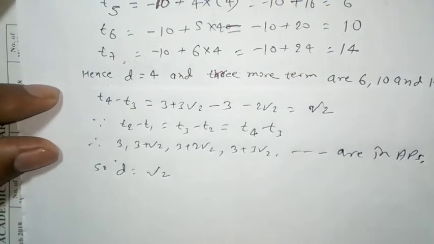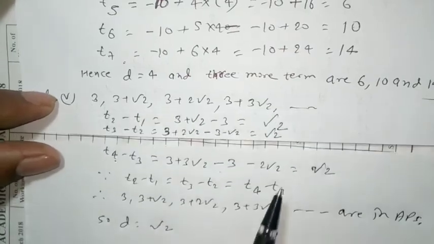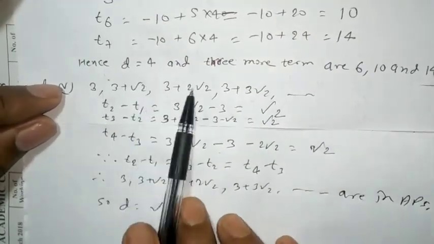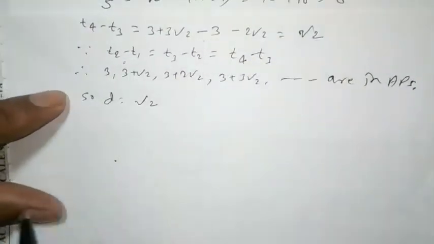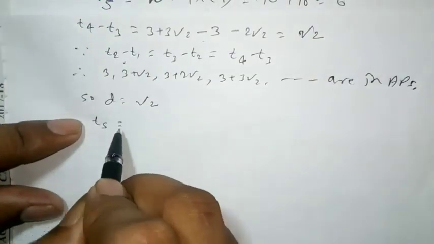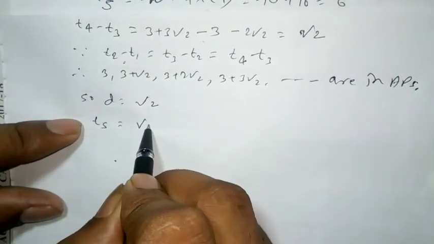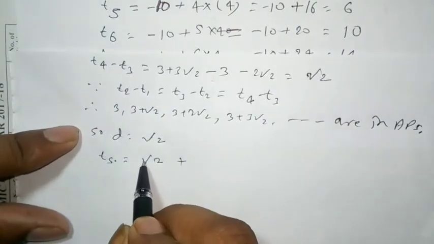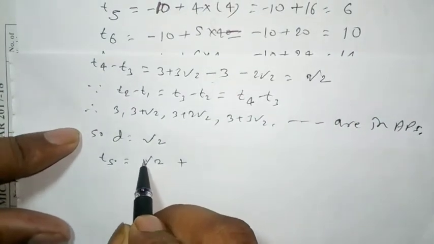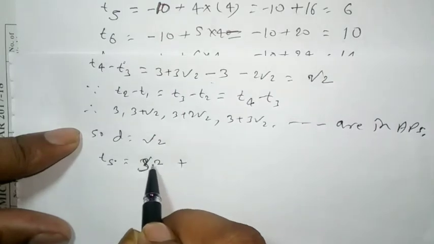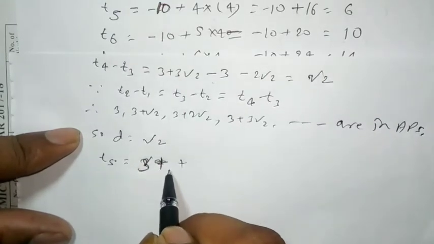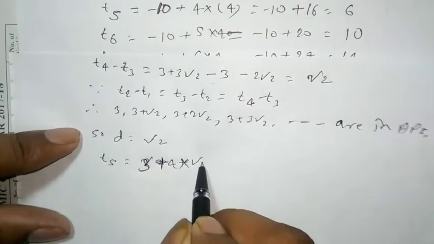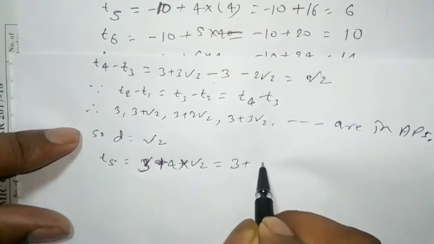The next terms: the fifth term, T5, is equal to a plus 4d, equal to 3 plus 4 into root 2, equal to 3 plus 4 root 2.